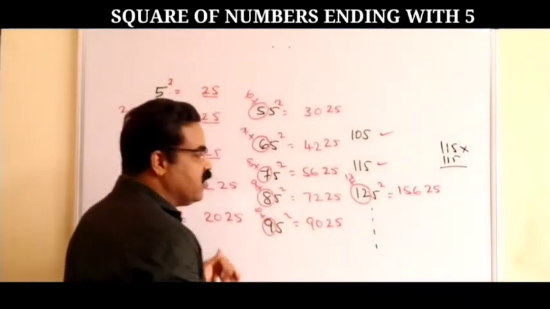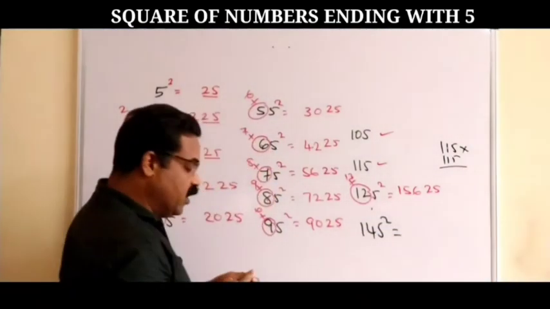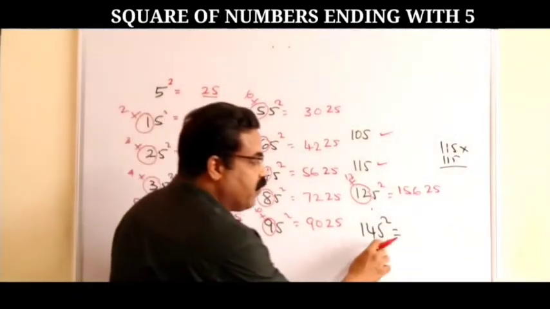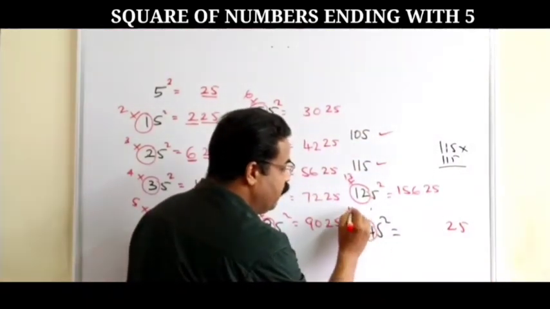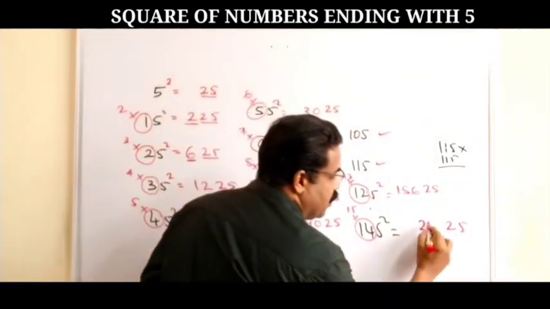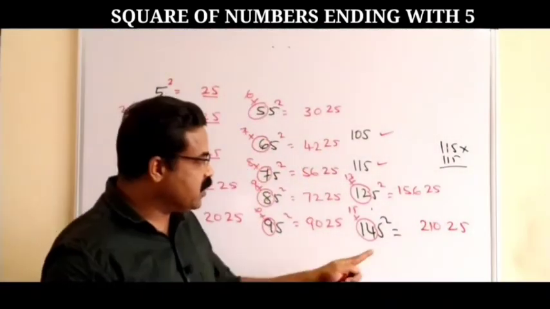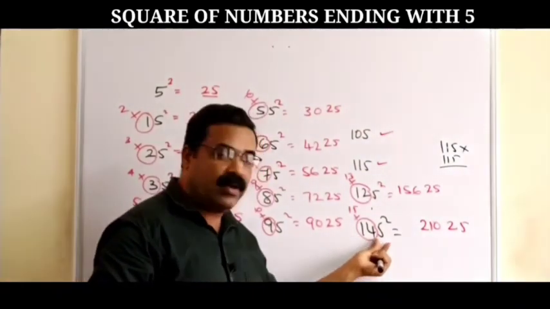What is 14 multiplied by 15? 210. So you got the answer. 21025 is the square of 145.